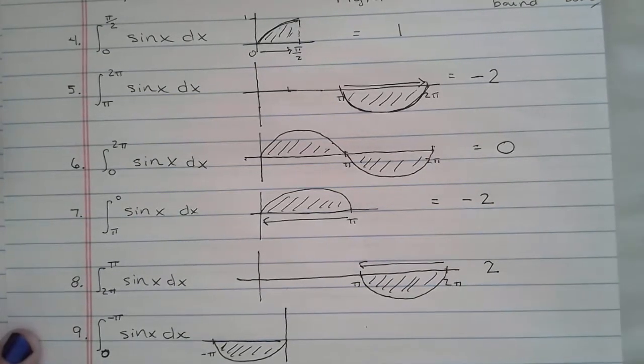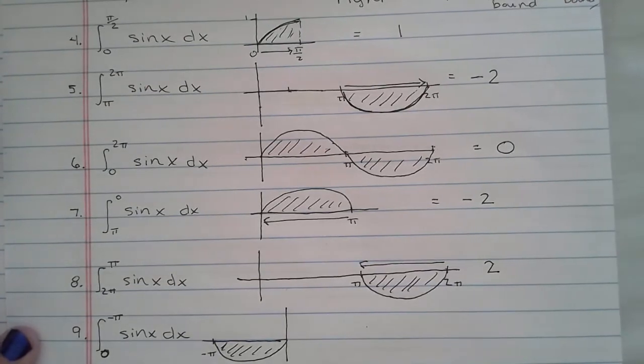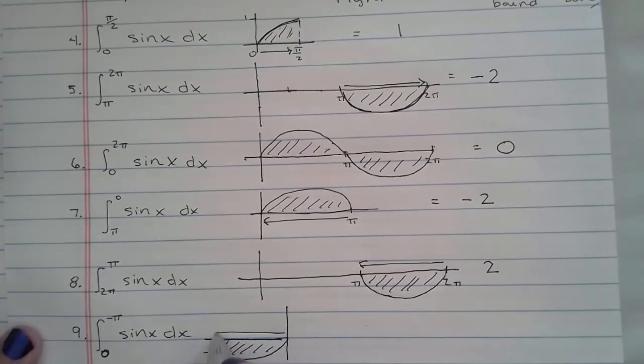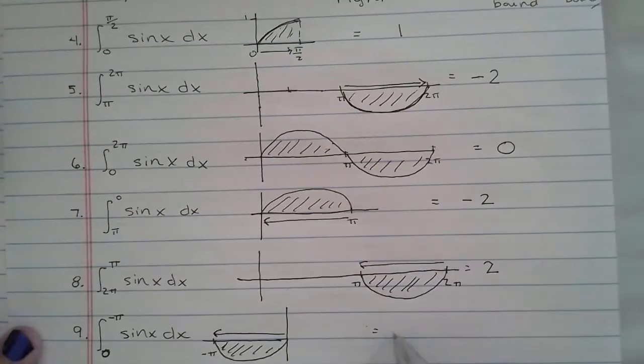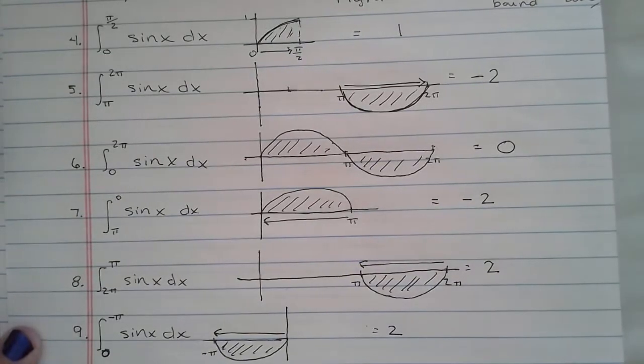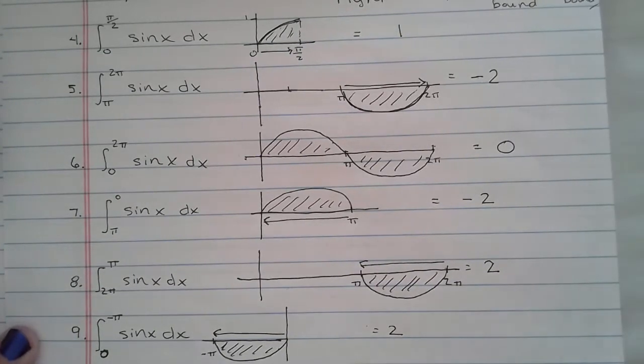Kind of weird. And then I'm going to look at this one also, from 0 to negative pi. So I'm integrating again backwards, right to left instead of left to right, and for some reason I'm getting a positive answer. Why is that happening?